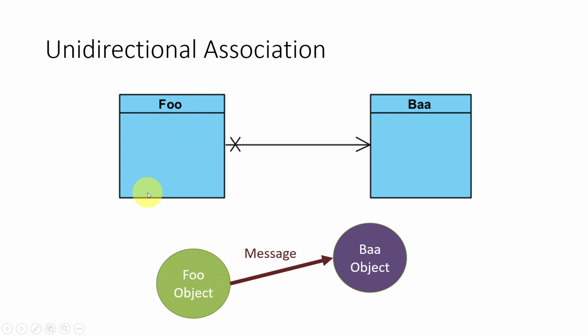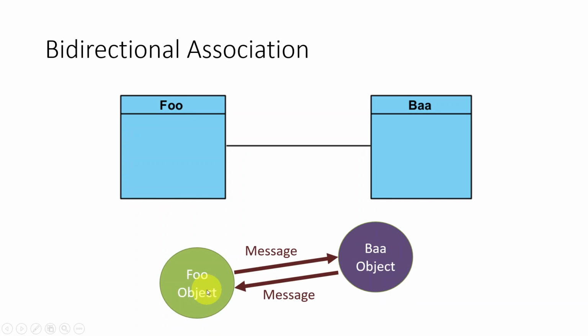If it is unidirectional, for example, let's assume that foo class is associated with bar class but not the other way. That means the object of foo class can send a message to the object of bar class, but the object of bar class cannot send a message to the object of foo class.